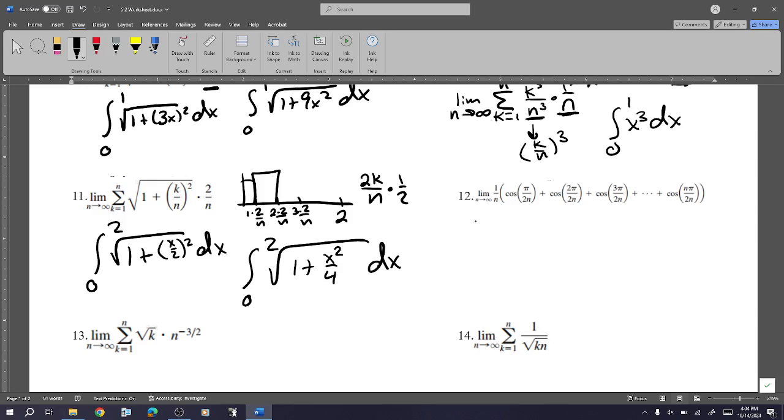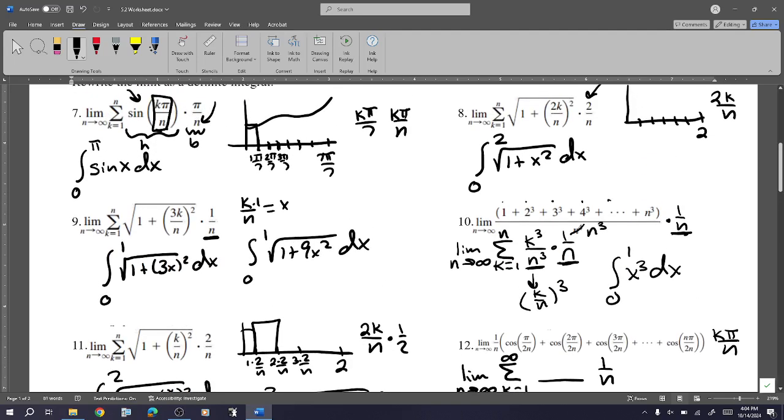This one already has the 1 over n on the outside. Let's write this in sigma notation, so we kind of get them all to look the same. K equals 1 to infinity of something times 1 over n. And I see that we have 1 pi over 2n, 2 pi over 2n, 3 pi over 2n. So each of these has a 2, but really what we're plugging in is k pi over n, just like we did on the very first one.